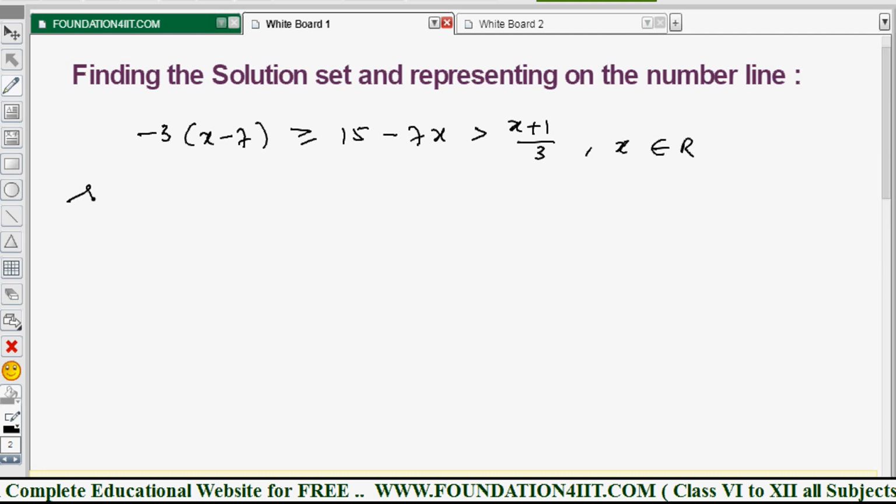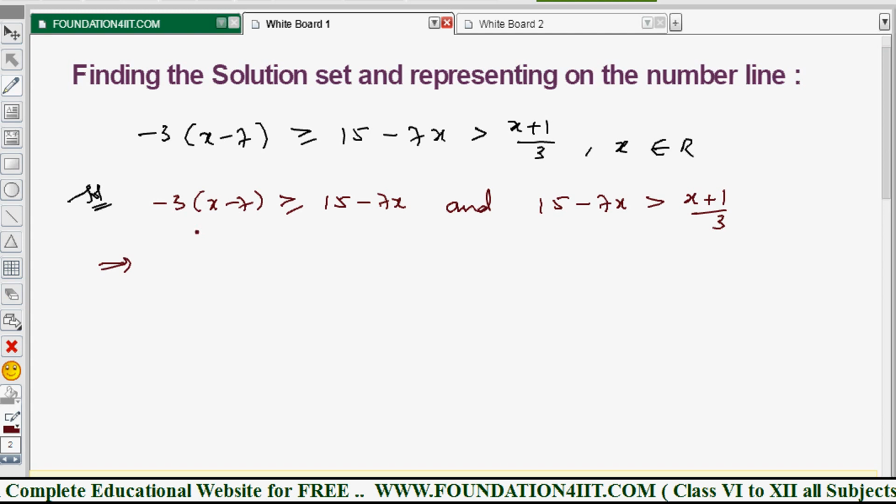So let's solve this problem. We'll take these two parts, first 2 and last 2, that is minus 3 into x minus 7 is greater than or equal to 15 minus 7x, and 15 minus 7x is greater than x plus 1 divided by 3. These two we will solve simultaneously.